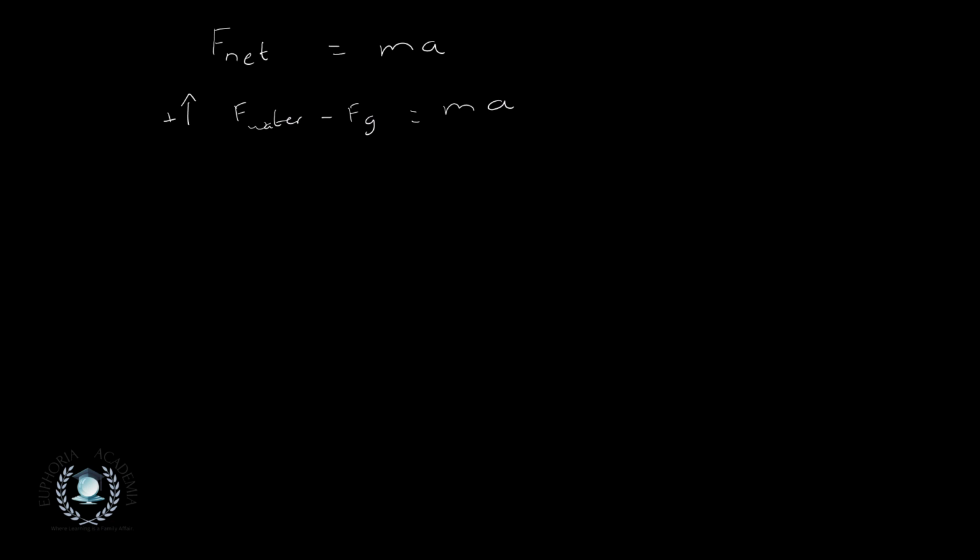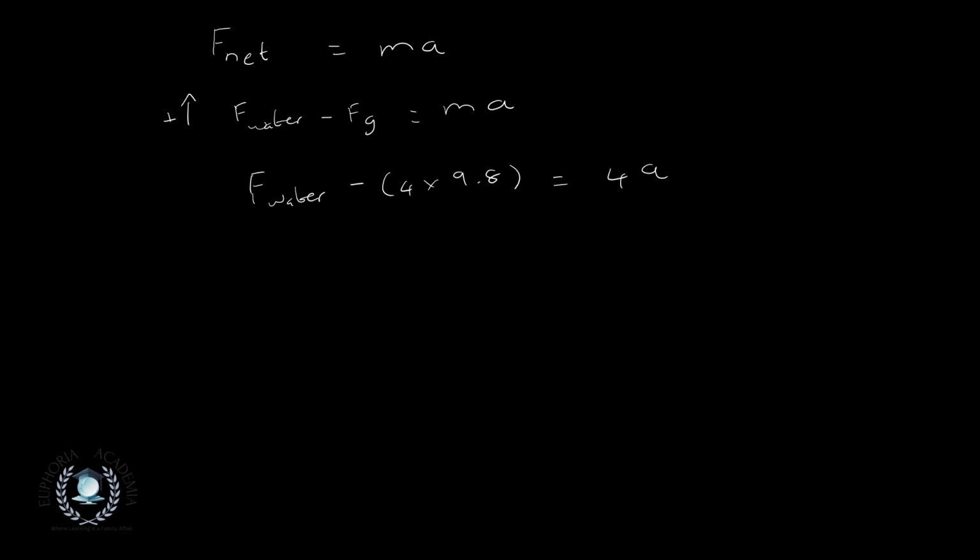We can compute the force of gravity, so let's substitute: minus 4 kilograms for the tube multiplied by 9.8. The mass is still 4, and we don't know our acceleration a.